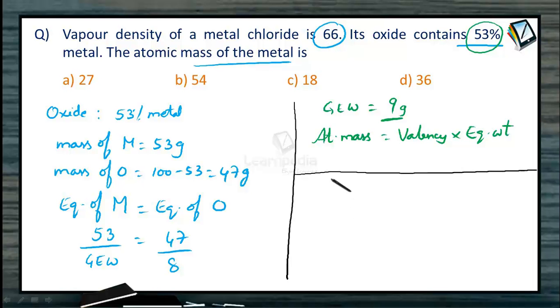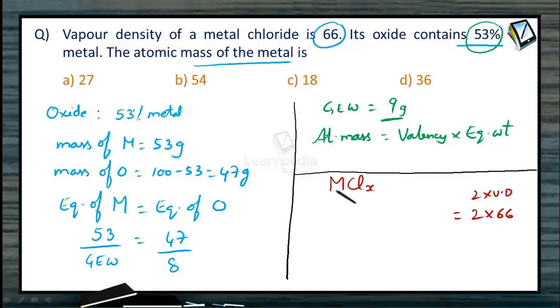Now if we take the metal chloride, which is MClX, tell me what will be the molecular mass of this MClX. I say that this is equal to 2 into 66. Why? Because 2 into vapor density is equal to molecular mass. And how will you get the molecular mass of this MClX? Atomic mass of M plus X into atomic mass of chlorine, isn't it?